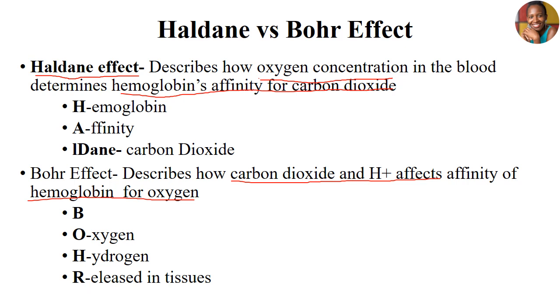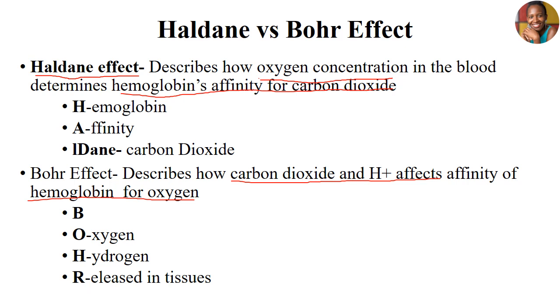So Haldane simply means hemoglobin affinity for carbon dioxide. But what is causing these changes of affinity is the level of oxygen in our blood. For example, if oxygen is highly concentrated in our blood, then hemoglobin affinity for carbon dioxide will become low and it will bind more to oxygen so that it doesn't make the blood alkaline.